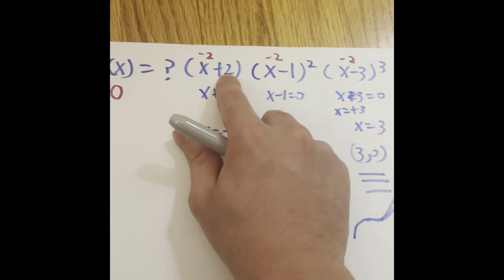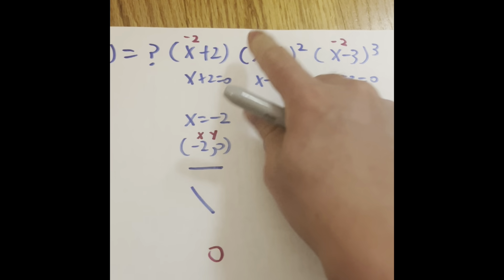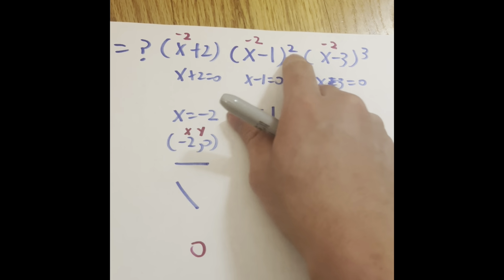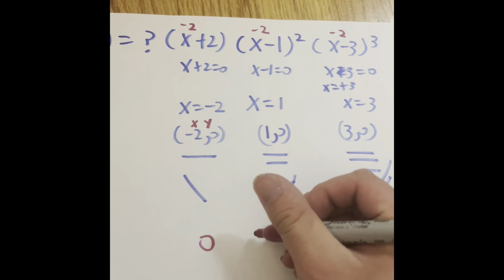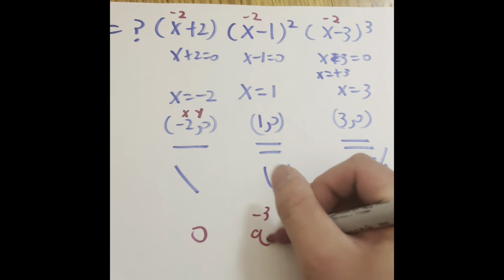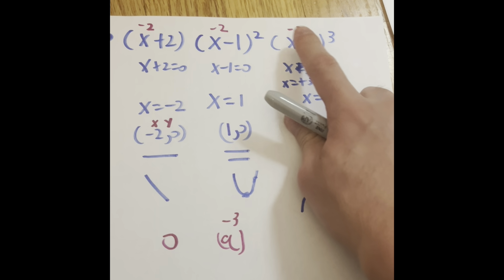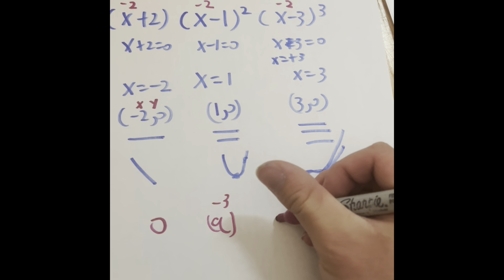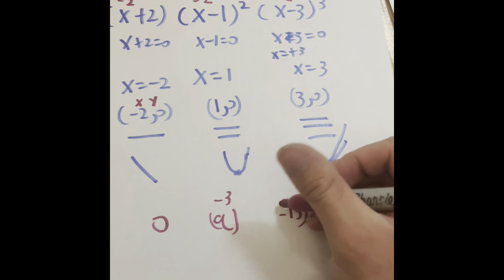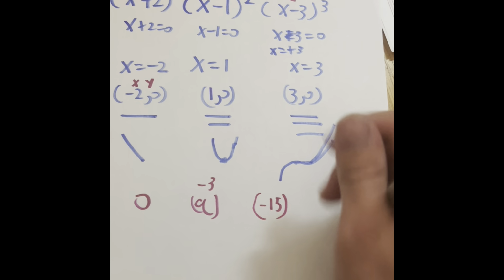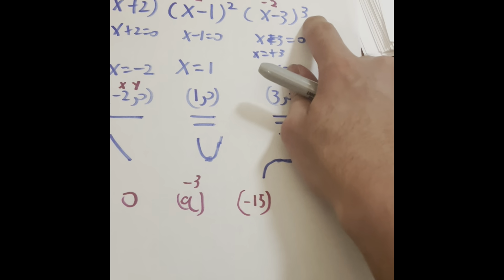So negative 2 plus 2 is 0. Negative 2 minus 1 squared is negative 3, 9, and x minus 3, we have negative 5, negative 15, as the last part for the 3.